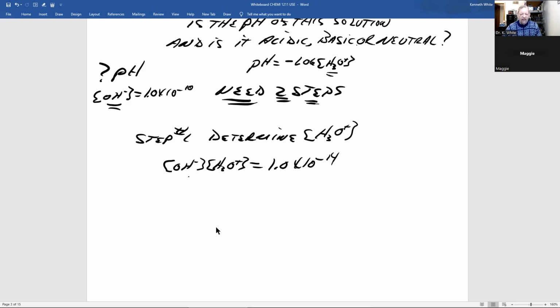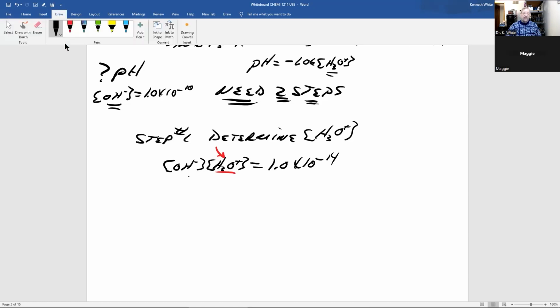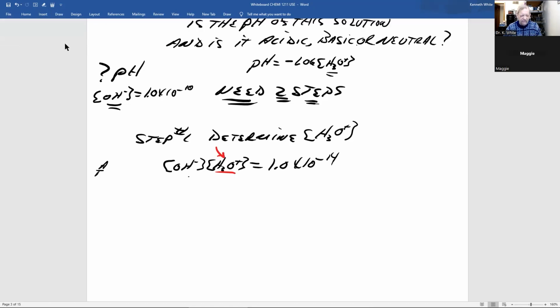We want to solve for this, so we want it alone on one side. How do we get it alone on one side? Well, anything divided by itself equals the number 1, cancels out.